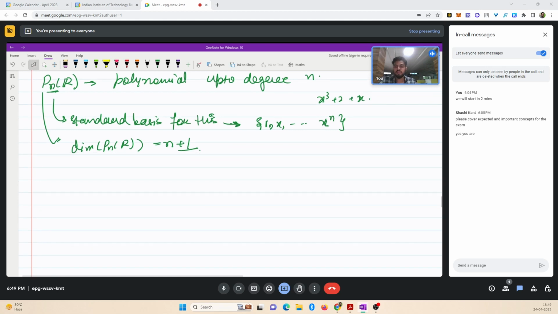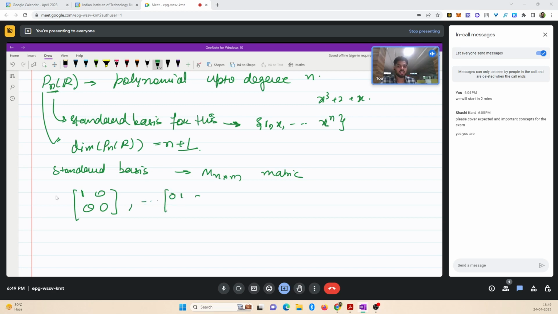Okay. One more standard basis is for the set of n cross m matrices. You can make the first element 1 at the first position and 0 everywhere, and in the second matrix, you can make 1 in the second place and 0 everywhere, and so on.